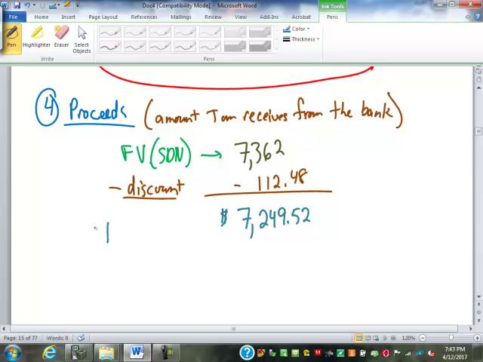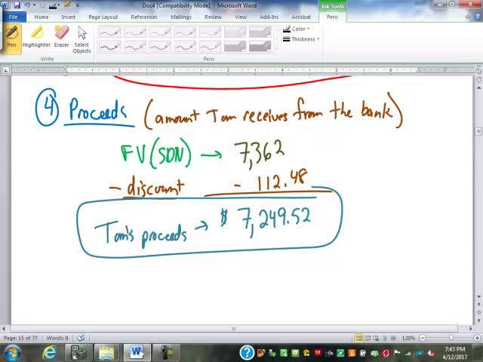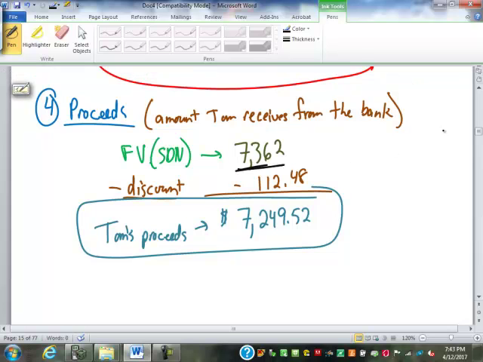That is Tom's proceeds. In other words, that's the amount that Tom will actually receive from the bank. And hopefully, Kevin pays the bank at the end. Because at the end, the bank is going to get $7,362.